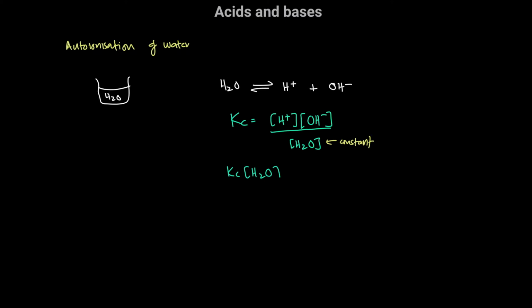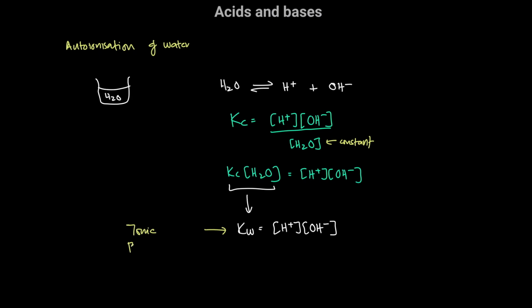Kc times the concentration of water is also a constant, and this is simply H plus times OH minus concentration. Because this is a constant, we call it Kw, and Kw is equal to the concentration of H plus ions times the concentration of OH minus ions. This is known as the ionic product of water.